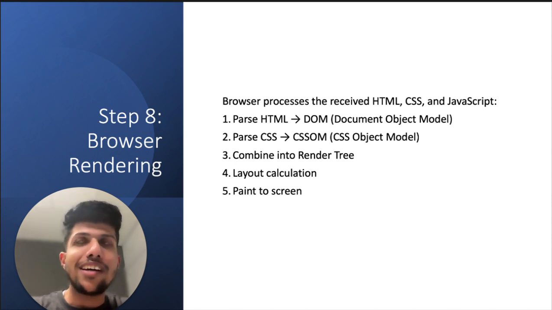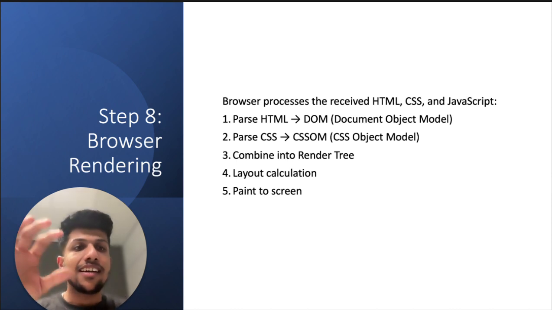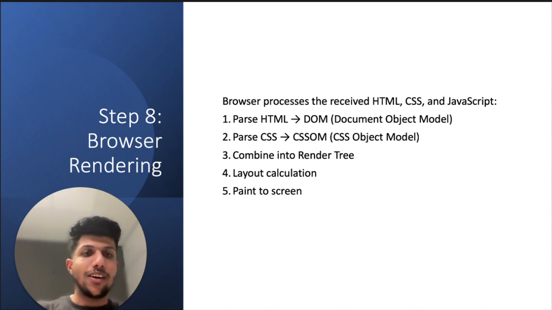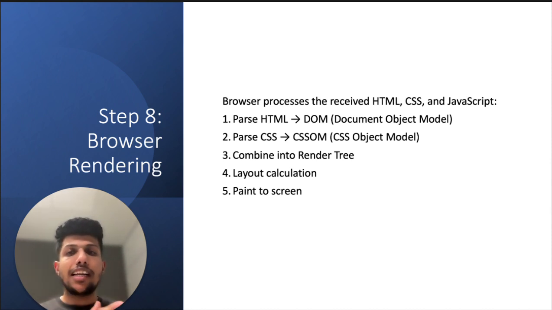Then the browser at runtime calculates the visible elements within each style and the exact layout of each element on the page, and it paints the pixels to your screen. Once the rendering is done, it is shown to the user.